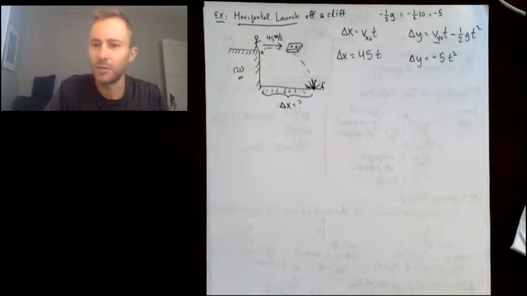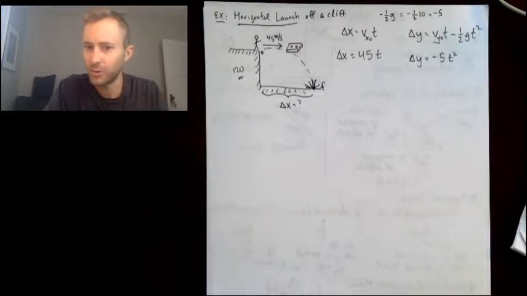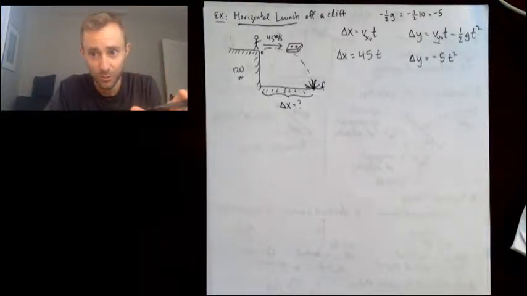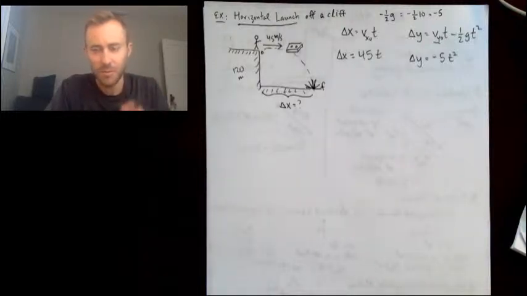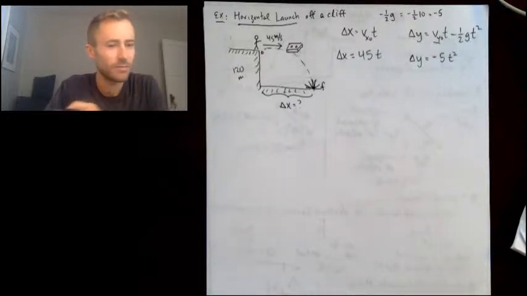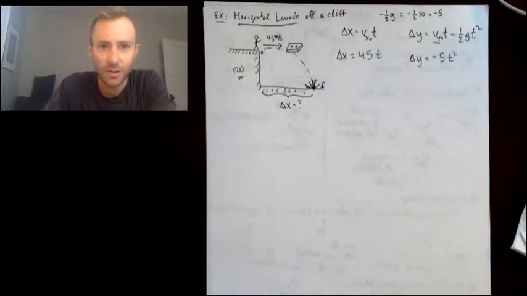Someone typed in a vertical displacement of 120 meters. That's almost right. Delta y is 120 meters. It drops 120 meters.